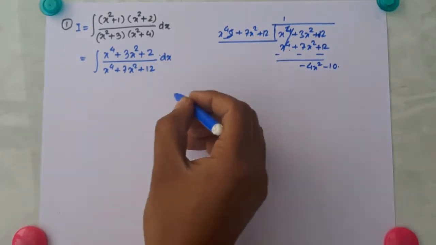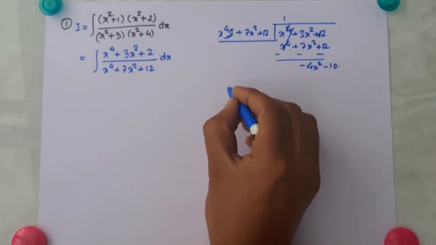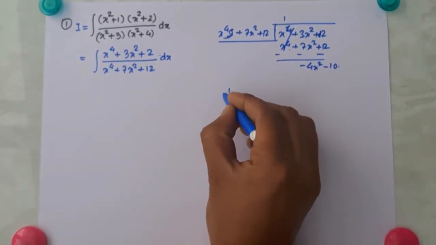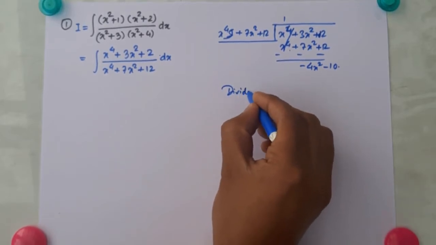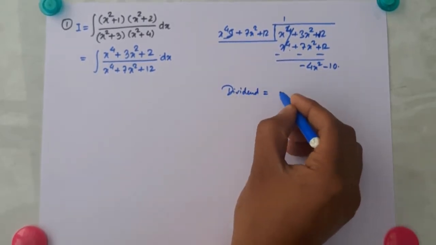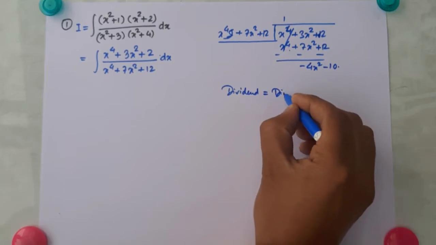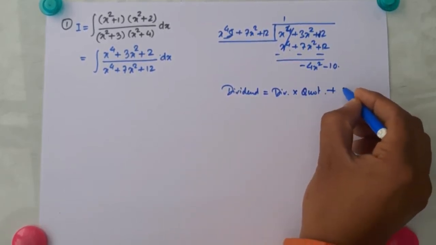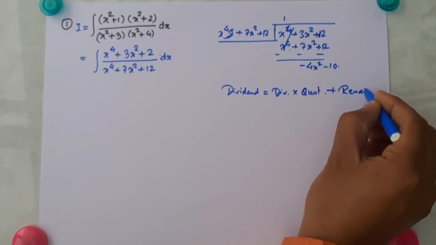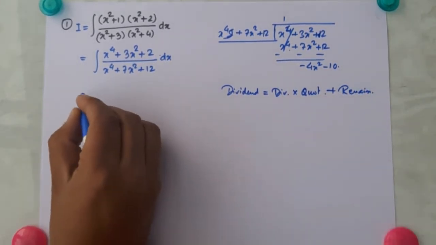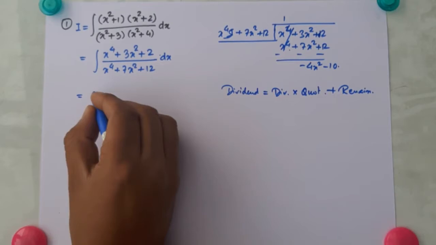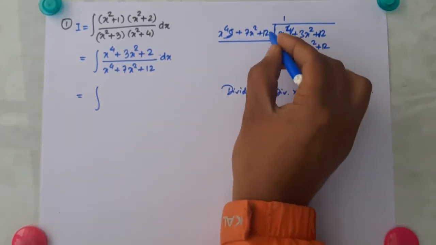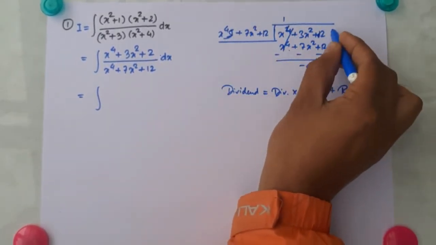As I gave you one formula yesterday, the dividend can be written as divisor into quotient plus remainder. All of you know this formula, isn't it? So this is your divisor and this is your dividend.